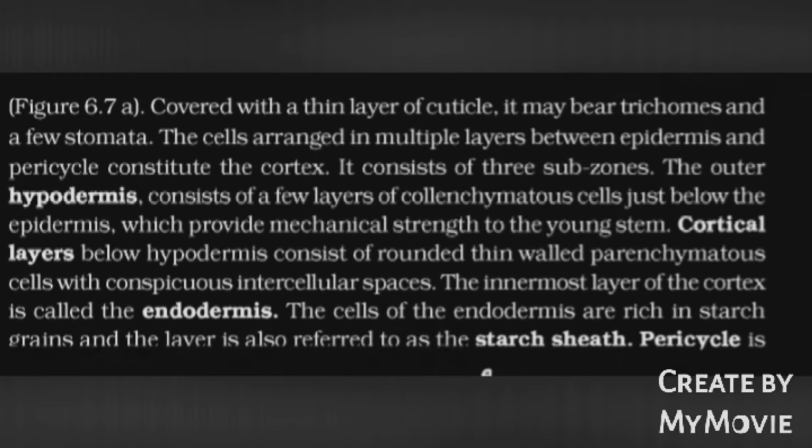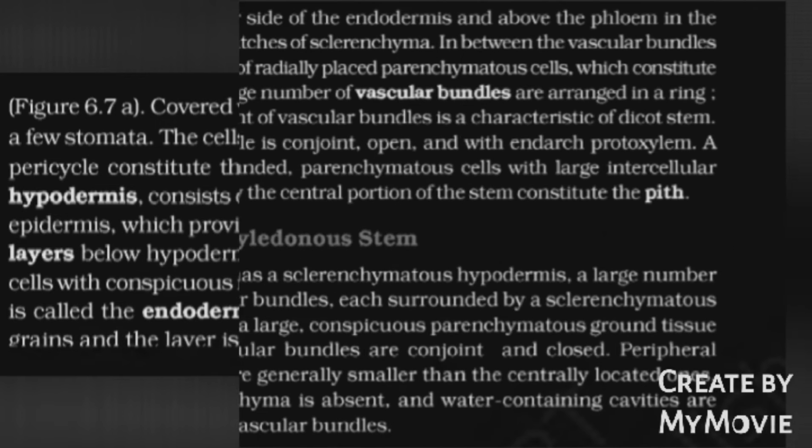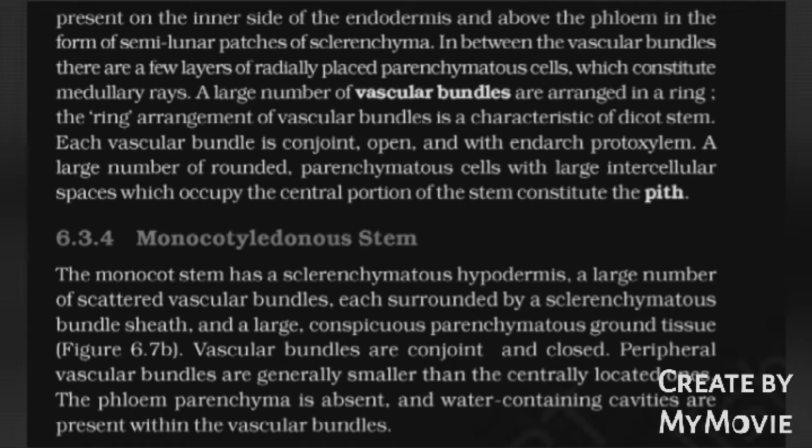The innermost layer of the cortex is called endodermis. The cells of the endodermis are rich in starch grains, and the layer is also referred to as starch sheath. Pericycle is present on the inner side of the endodermis and above the phloem in the form of semilunar patches of sclerenchyma. In between the vascular bundles, there are a few layers of radially placed parenchymatous cells which constitute medullary rays.